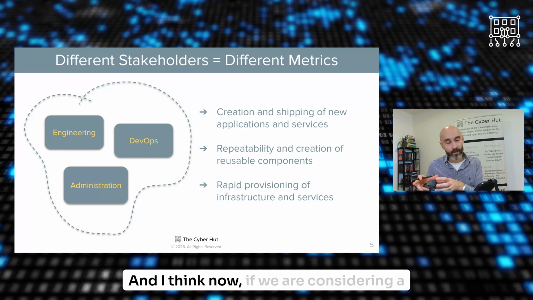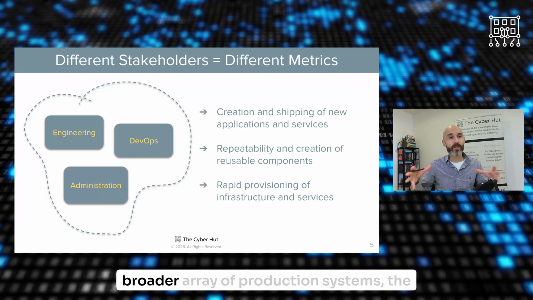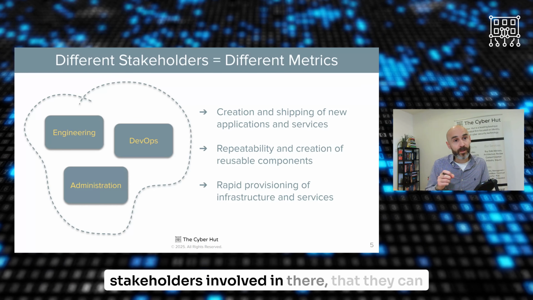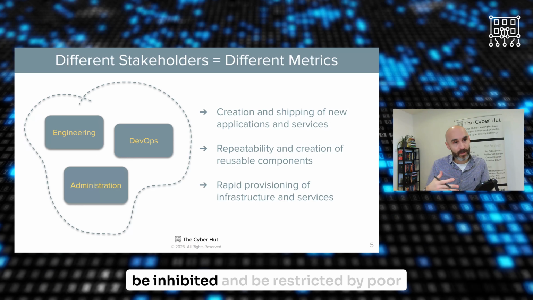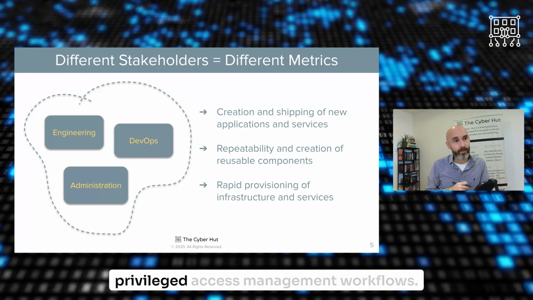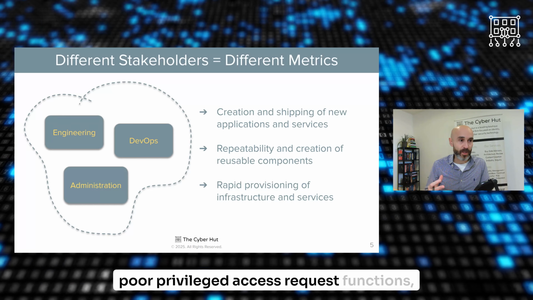And I think now, if we are considering a broader array of production systems, the stakeholders involved in there can be inhibited and restricted by poor privileged access management workflows, poor privileged access request functions, associations with credentials, associations with the correct permissions and other.